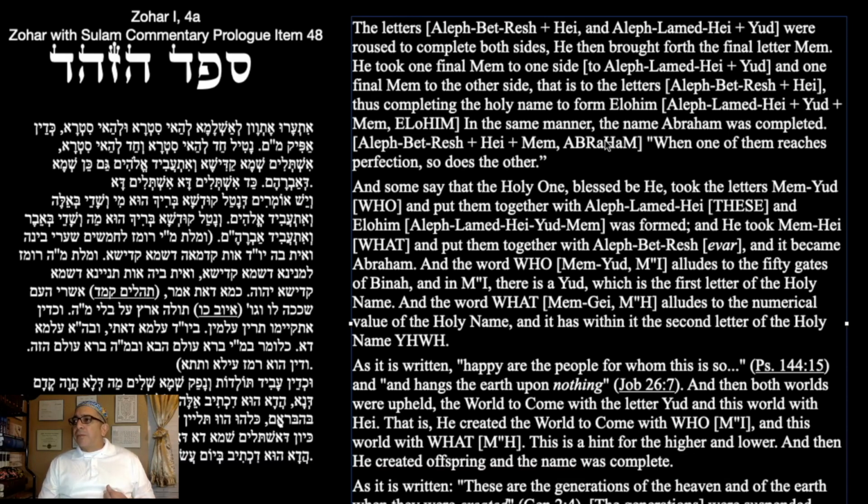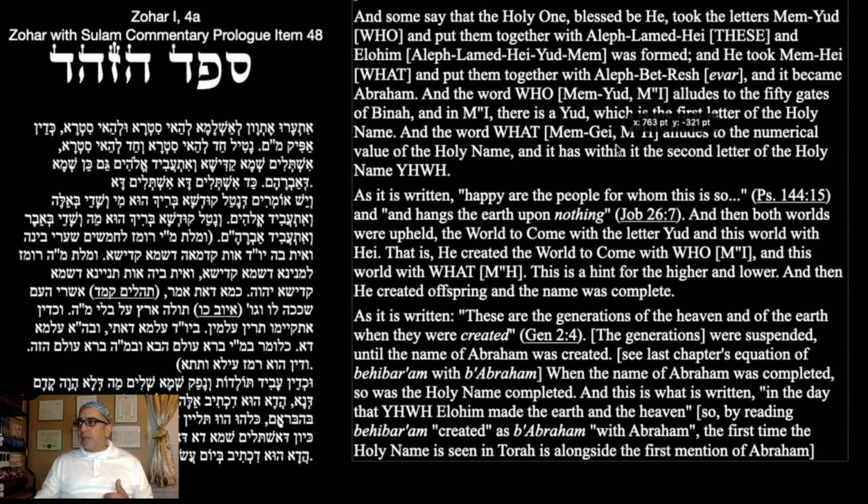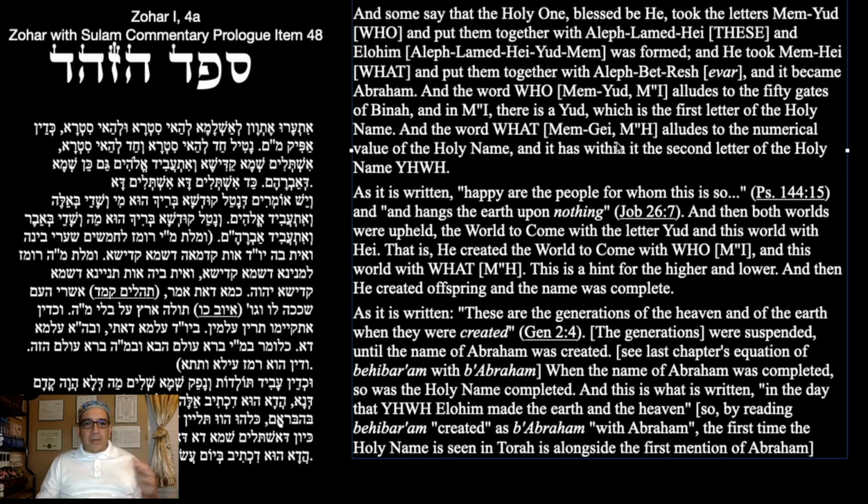Thus completed the holy name to form Elohim, right, with the Mem, and in the same manner the name Abraham was completed. When one of them reaches perfection, so does the other one. Remember, Elohim, even though it's the name used for creation, is a name that represents severity.